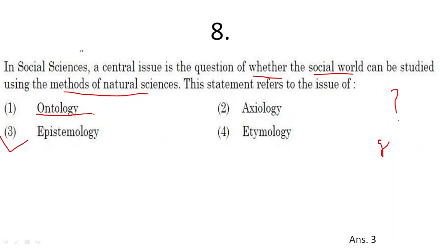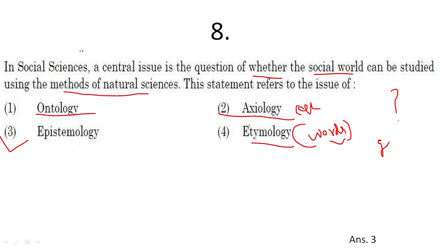Ontology, we learned that it is about being, it is about what is present, what is there. Axiology, however, is about ethics, the religion, ethics. And etymology is about the origin of various words, when you study how this word has come, from where it has come, its history.